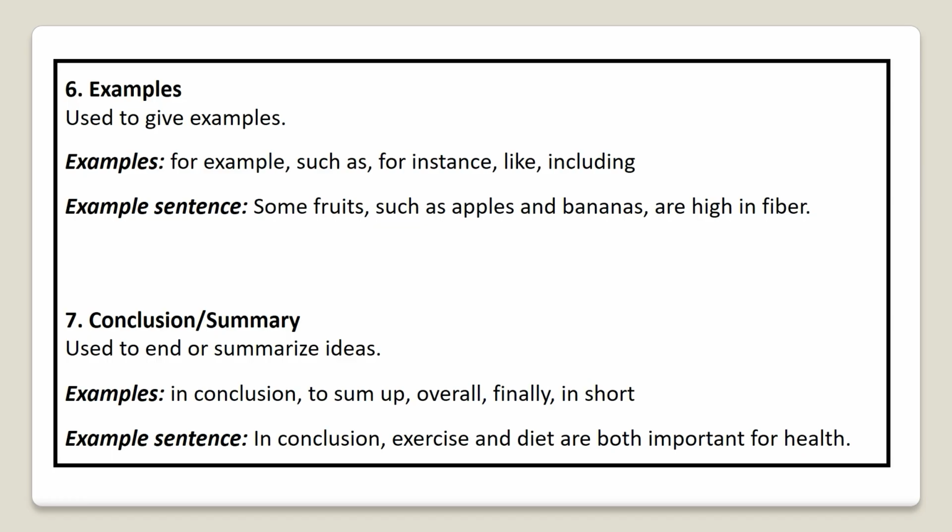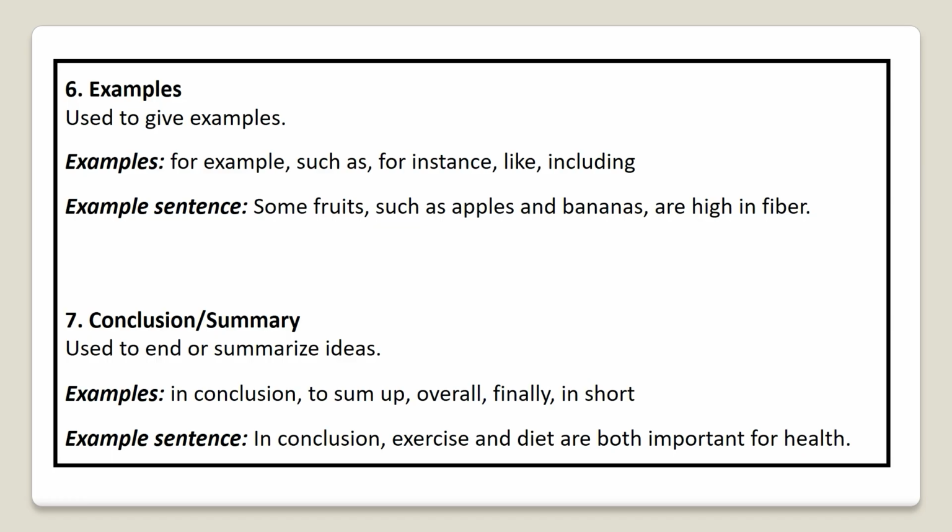When your speech is going to end, you can say, to sum up I want to say, finally I want to say, in short I want to explain like this, and in my conclusion I would like to say. In this way you can finish your talk and summarize it. So these are summary connecting words, concluding connecting words.